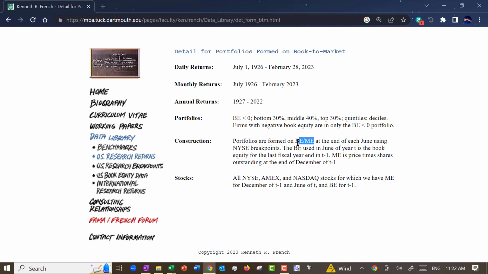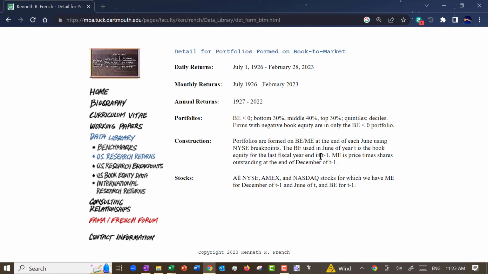Here the shortened notation B means book value of equity, ME means market value of equity. Stocks are sorted at the end of June of each year based on their book to market ratio. And the bottom 10% goes to decile 1.